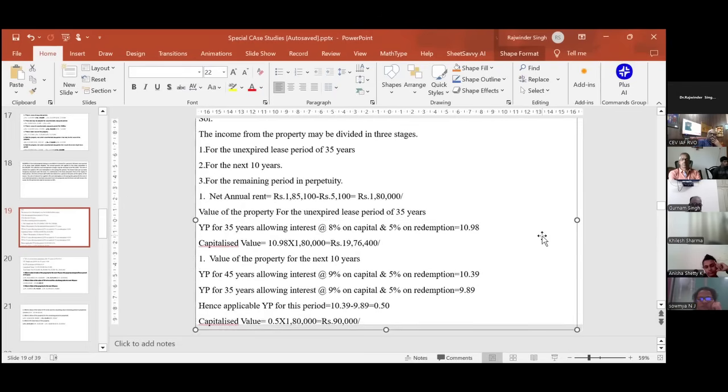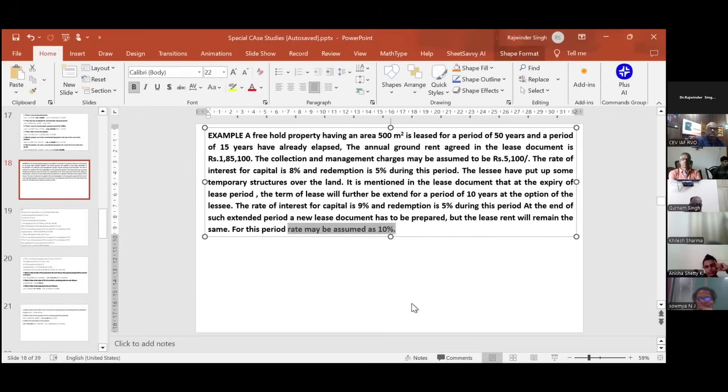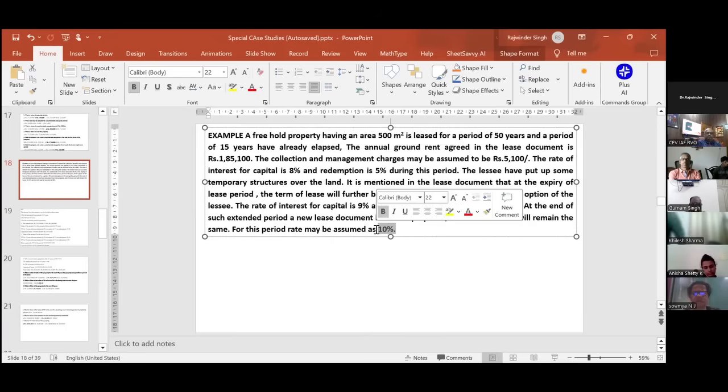And for the third period, data for only single rate is given. So that is why you have to use YP single rate. For the first two periods, you have been given data for dual rate, 8%, 5%, and 9%, 5%. And the third rate is 10% only. That is why we are using single rate YP. Any doubt in this question?